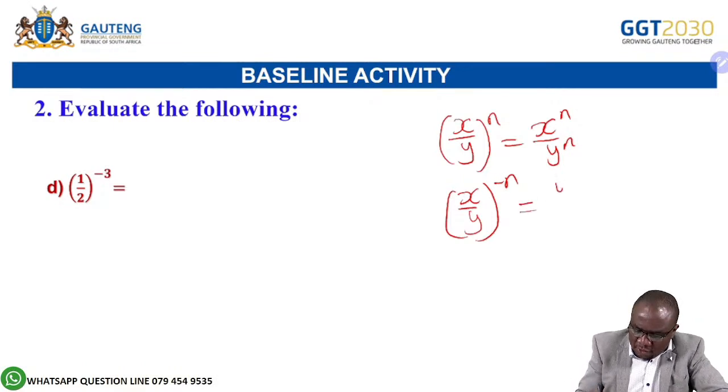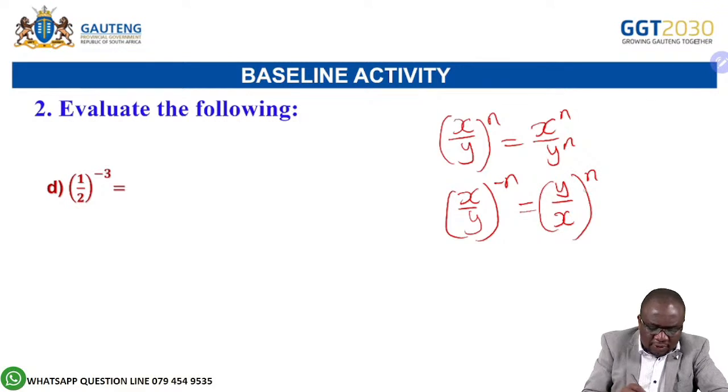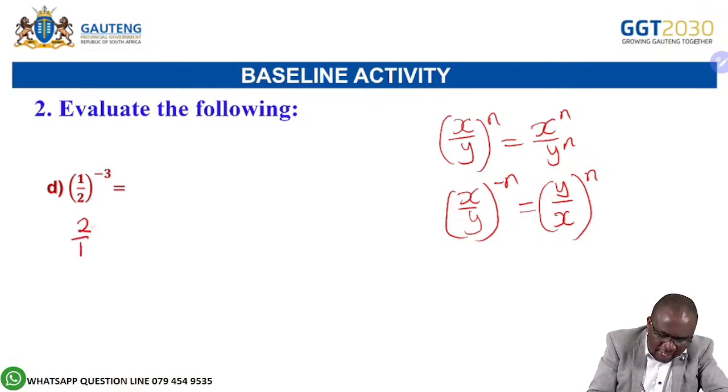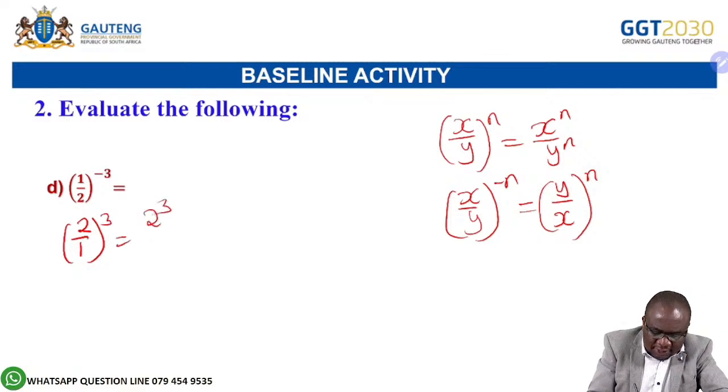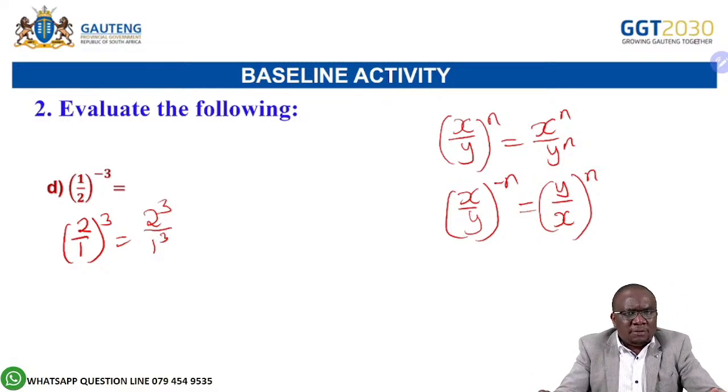It becomes y over x, and then to the power n. Do you see now the exponent is positive. So we're going to do the same thing here. We invert 1 over 2, it becomes 2 over 1. So it becomes (2 over 1) to the power 3, and then 2 to the power 3 over 1 to the power 3. And then 2 to the power 3 is 8. 8 over 1 is 8. And then we have our answer as 8 there.